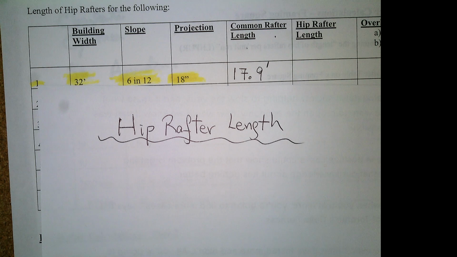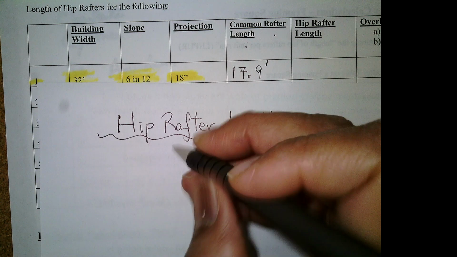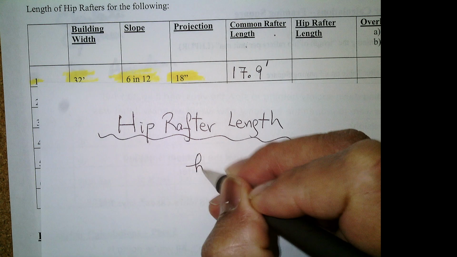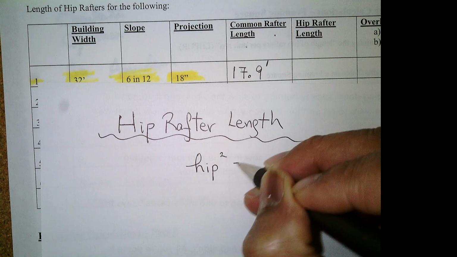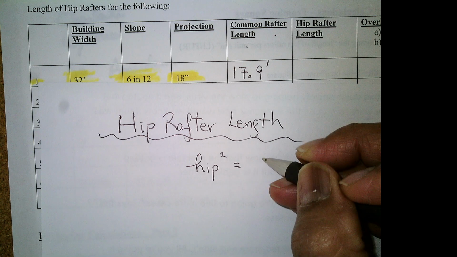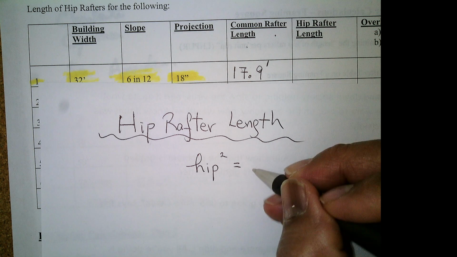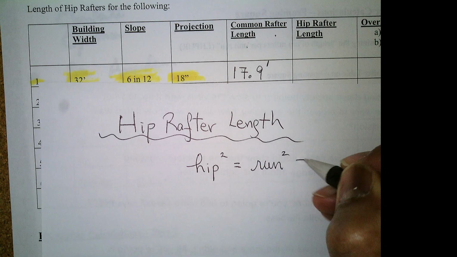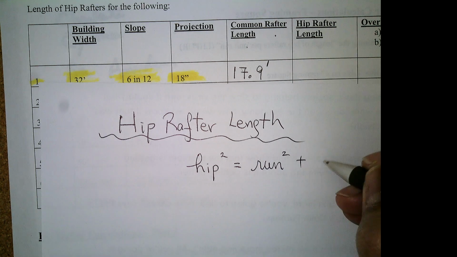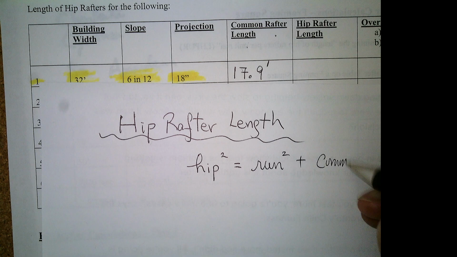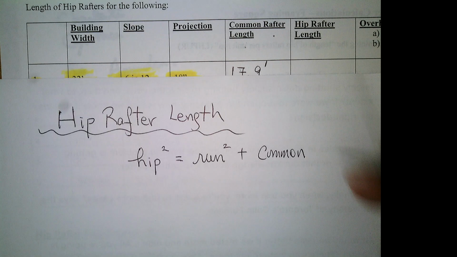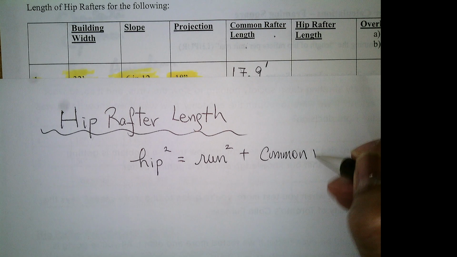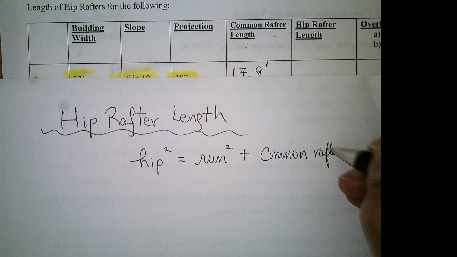The run is 16 feet, so we apply: hip length square is equal to the run square plus the common rafter square.